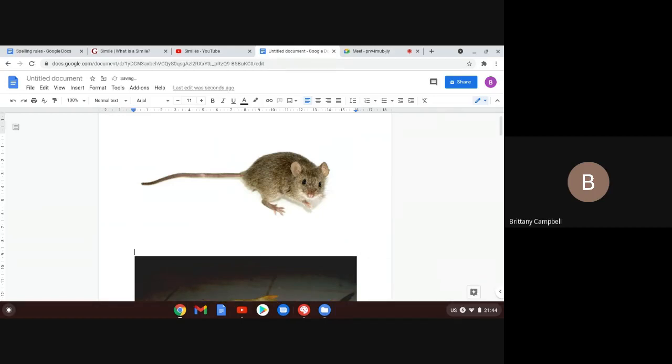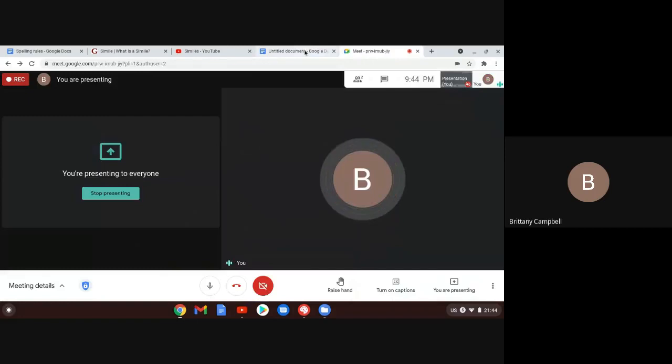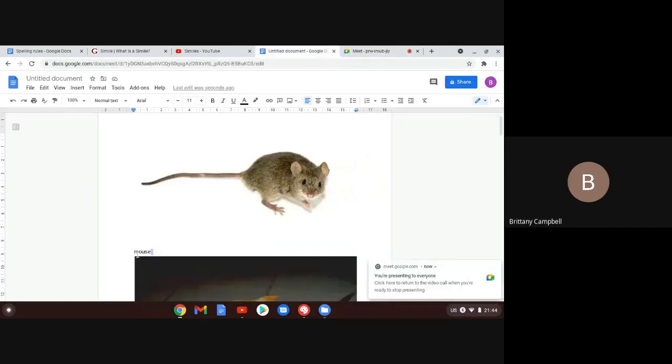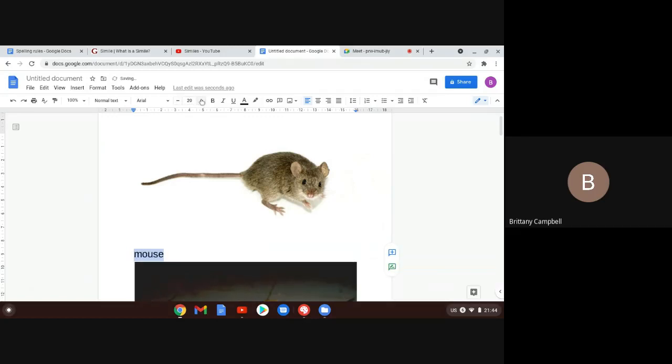All right, a mouse. So what I want for you to do, you're going to write the correct name beneath, right? So you're seeing that this is a mouse. Let me just allow this to be a bit bigger. I think it's too small. All right, so that's your mouse there.